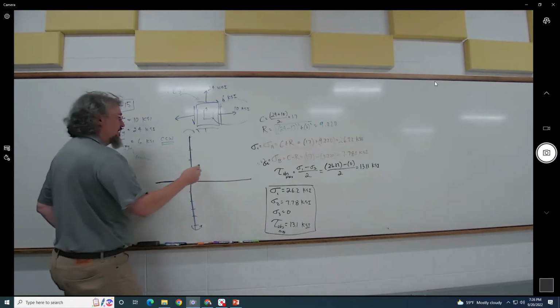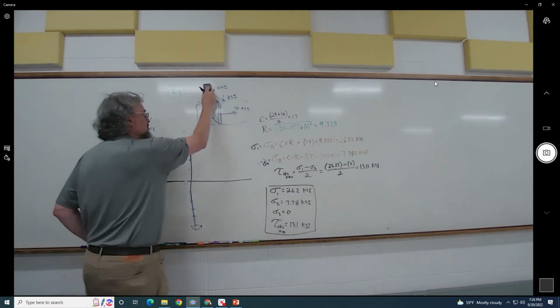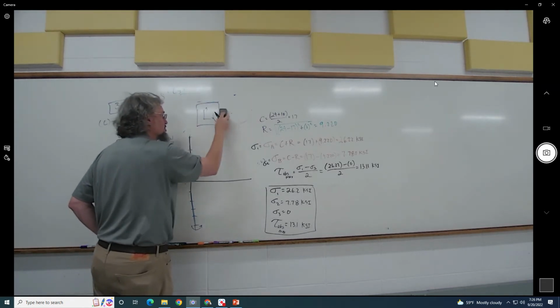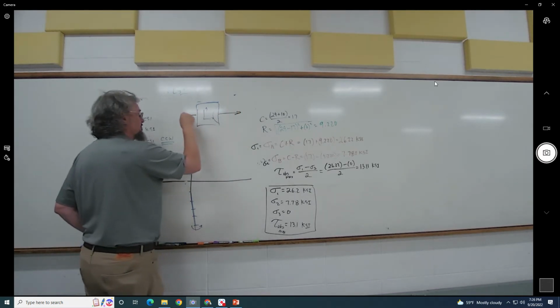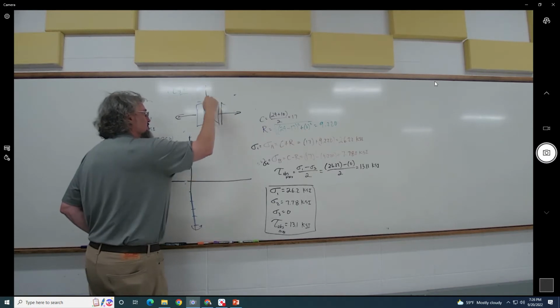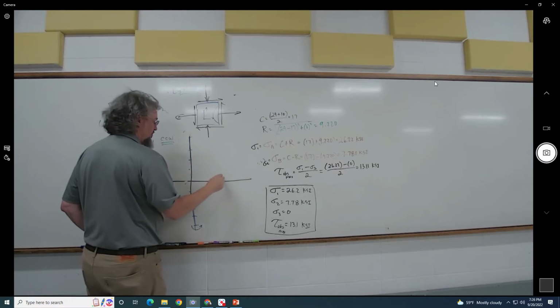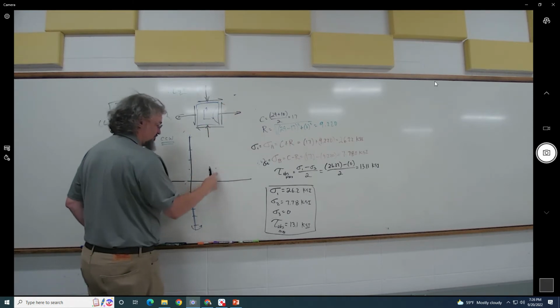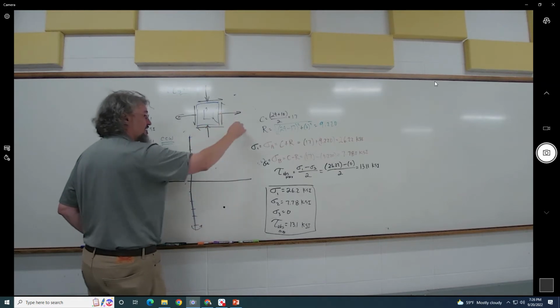So let's say that on our stress element we had tension and compression instead. So we would plot the thing out over here and maybe we'd get a point like right there. Maybe that would be, well, I guess it would be down here, right, because of the way I have it drawn. So let's say that that's that face.